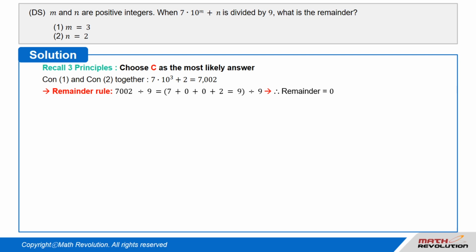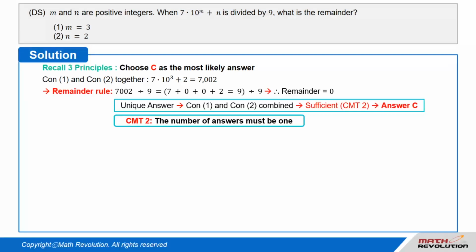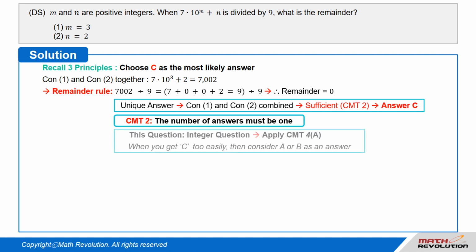Since the remainder when 7,002 is divided by 9 is the same as the remainder when 7 plus 0 plus 0 plus 2 equals 9 is divided by 9, we get the remainder of 0. The answer is unique, so the conditions combined are sufficient, according to CMT2, which means that the number of answers must be 1. Thus, C seems to be the answer.